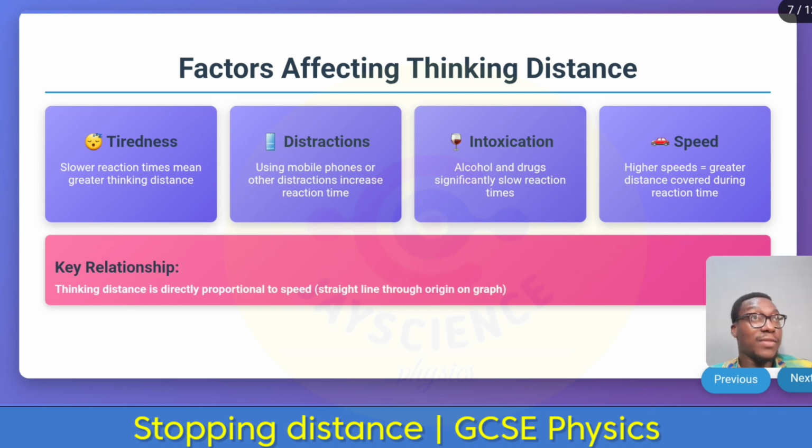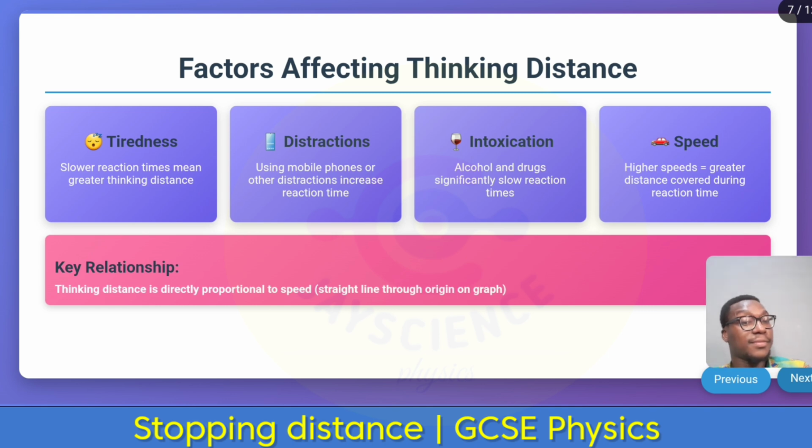And then, we've had a couple of people in the past that got into an accident because they were drunk. The reaction time was pretty slow. And those kind of people, they will not only affect themselves, they would also affect other road users. So we have to be very careful about that.